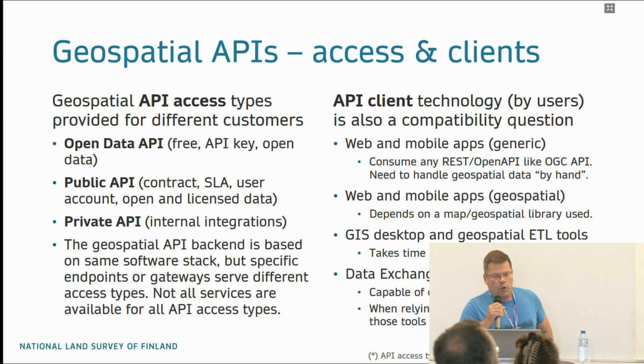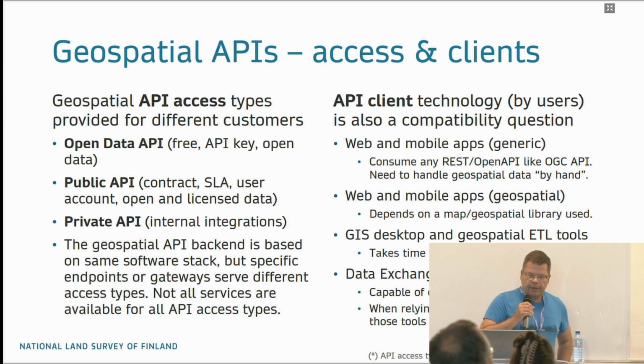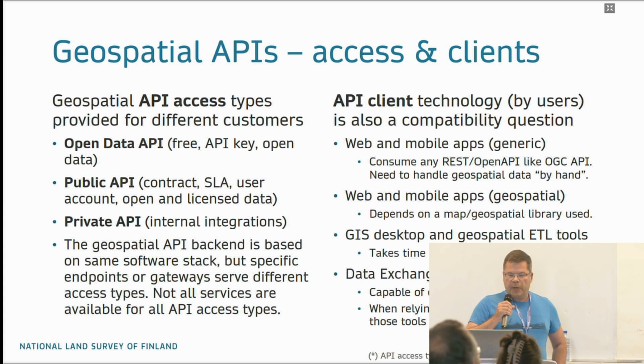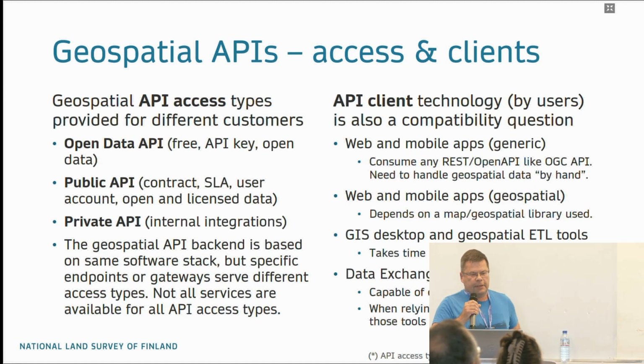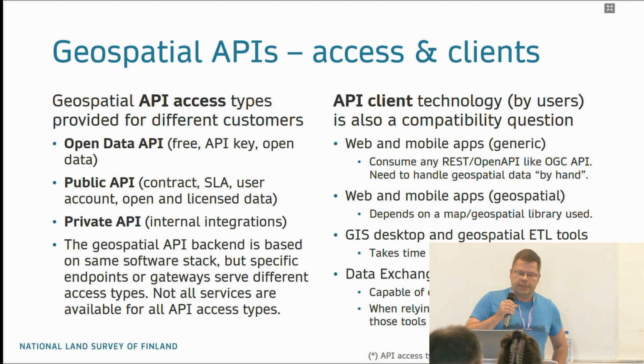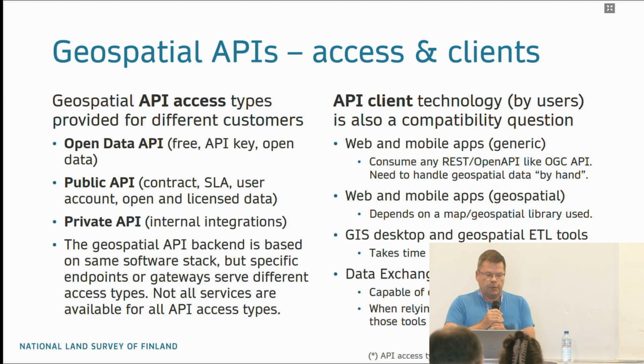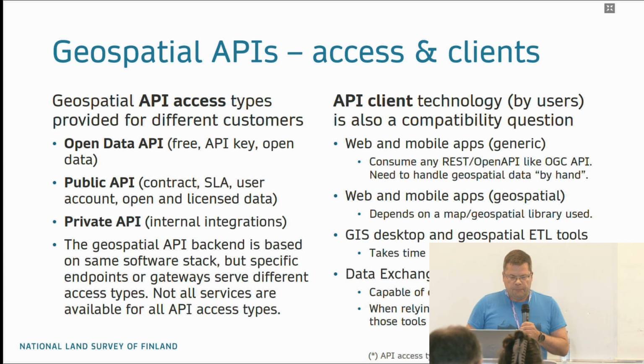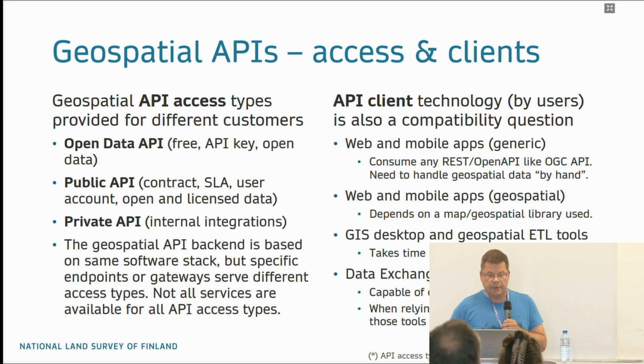They are open data APIs with free and API key access. Then they are contract-based APIs for open and licensed data, and also private APIs. All these are provided with same software stack, but for different channels.